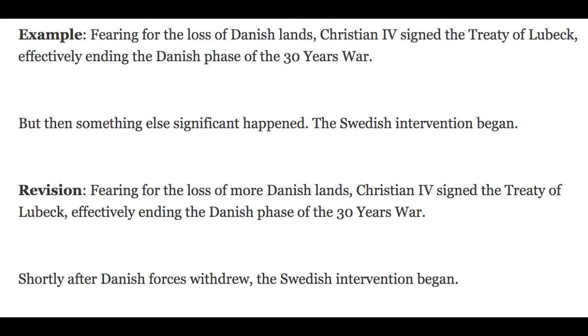Shortly after Danish forces withdrew, the Swedish intervention began. That's changing it up, but they're including the information of that Swedish intervention, and also acknowledging that the Danish forces left, which was the prior information. So that's a good transition there.